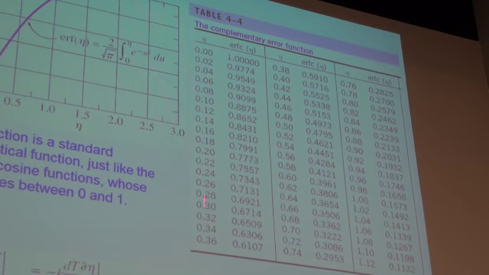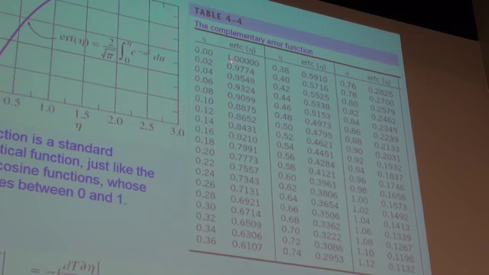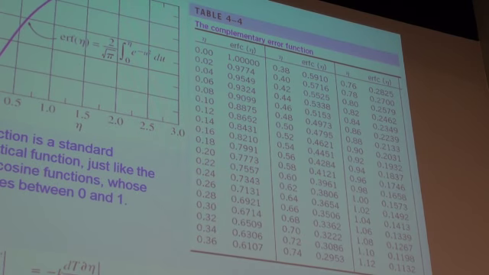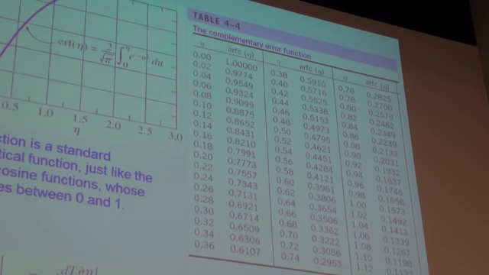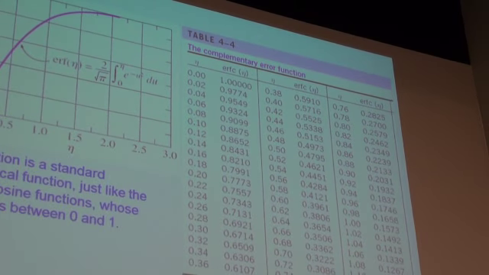For different values of eta, they've given you, what do you see there? Take note, not the error function, but the complementary one. Okay. So it is just the opposite.